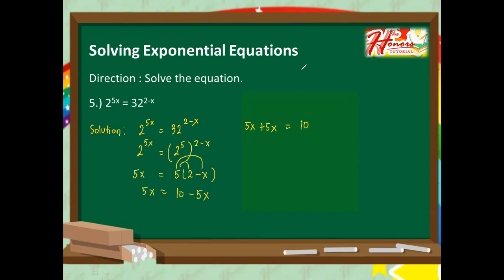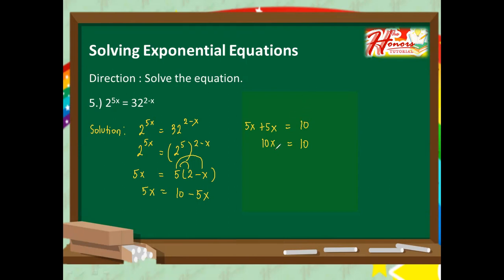Now let's add 5x plus 5x, so that is 10x. How did we get 10x? 5 plus 5, that's 10. Copy the variable, which is x, equals 10. Again, our goal here is to have x only at the left side of the equation.